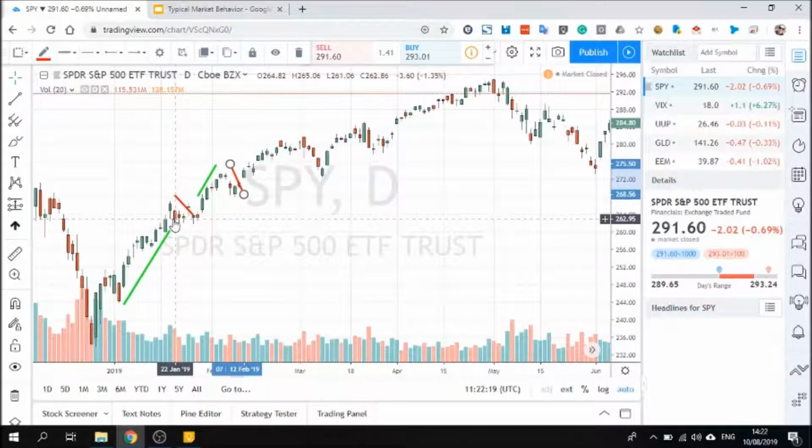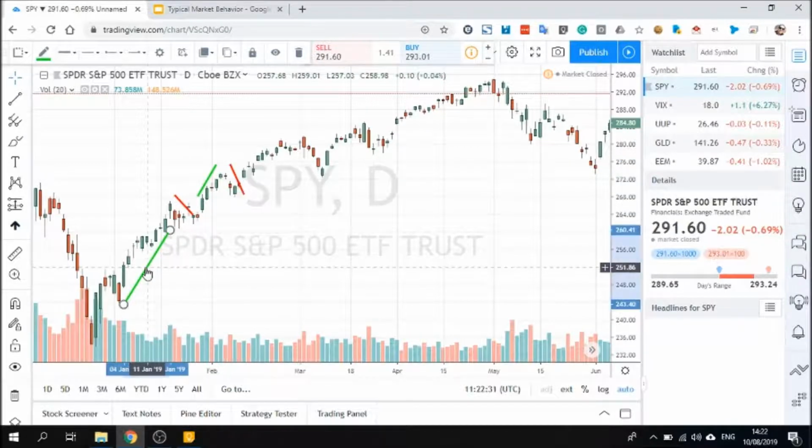So typical market behavior is not moving all the way up in each and every day or week, or whatever bar you're looking at on the chart. A typical market move is an up move, which is constructed from a number of bars climbing up on the price scale, and then at a certain point you get some retracement, and then you get another number of bars which climb the price, and then you get a retracement.